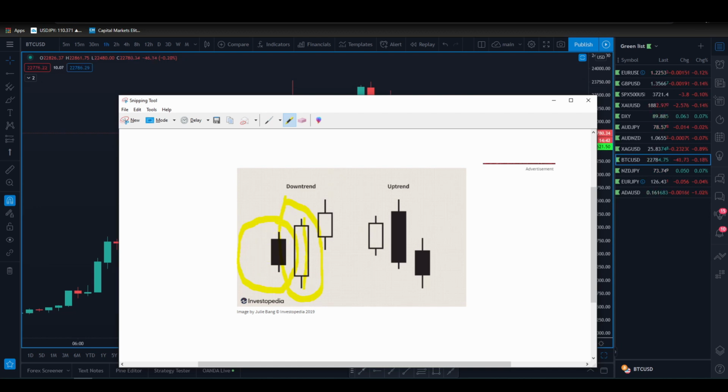That's your outside range candle. And then your final candle is the trending candle. The trending candle only takes out the high, or down here on this side of the picture, the low. So it didn't take out the high of this candle. It only took out the low. This is your trending candle.